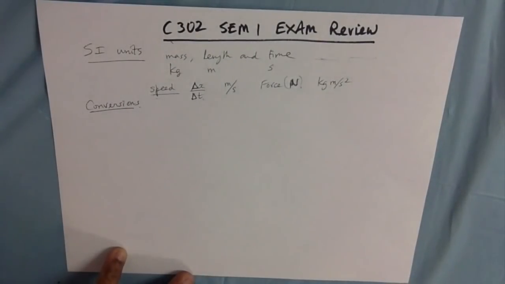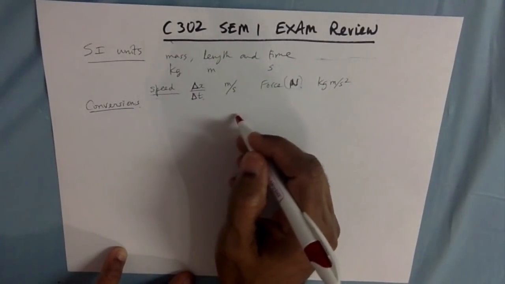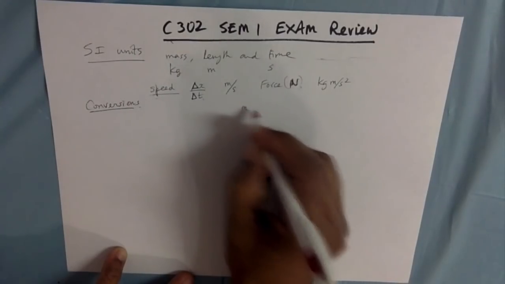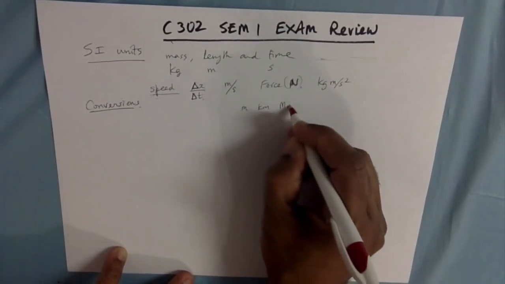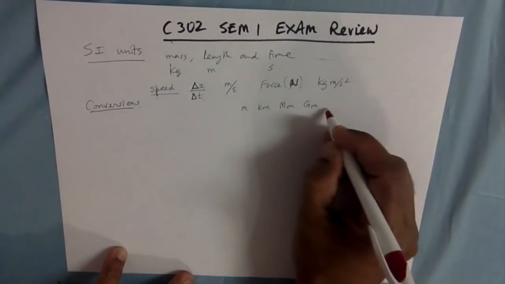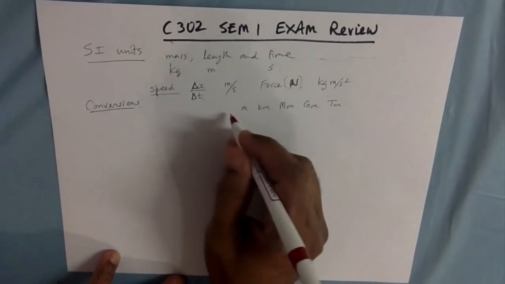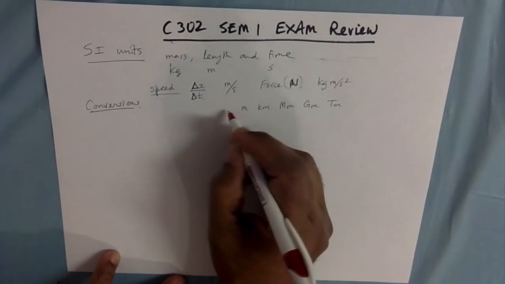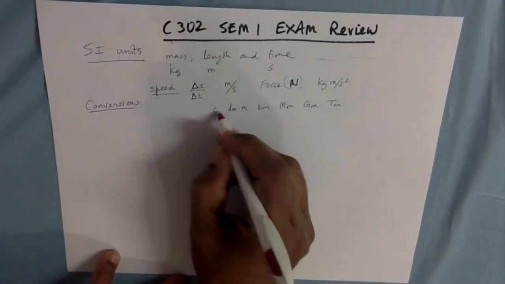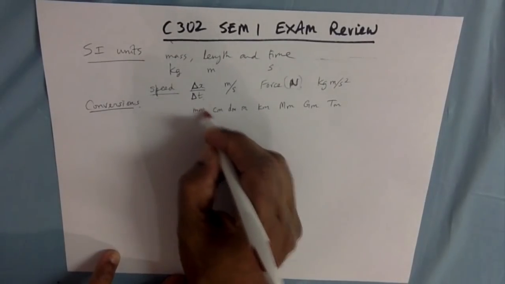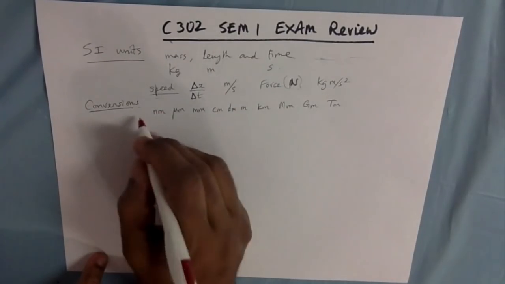The prefixes that we used were like meters, kilometers, megameter, gigameter, etc., terameter, and on the lower side we had decimeter, centimeter, millimeters, micrometers, nanometers, picometers.